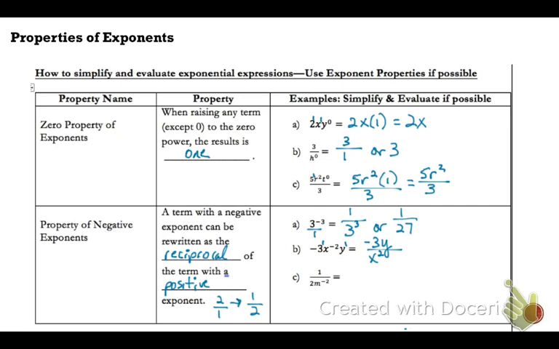So only the term with the negative exponent. So you probably guessed it on C. It's only the m that is affected. So the 2 is not, because technically a 2 is to the first power. So then this will become m to the positive, and it's going to multiply by that 1, so that's just m squared over 2.